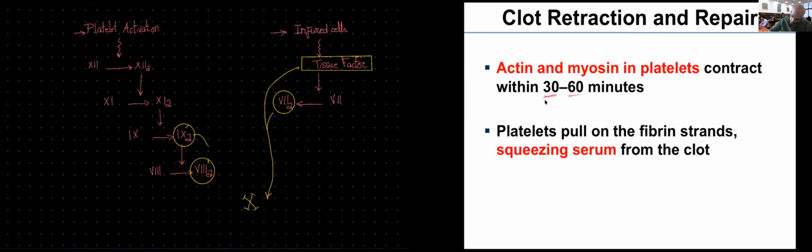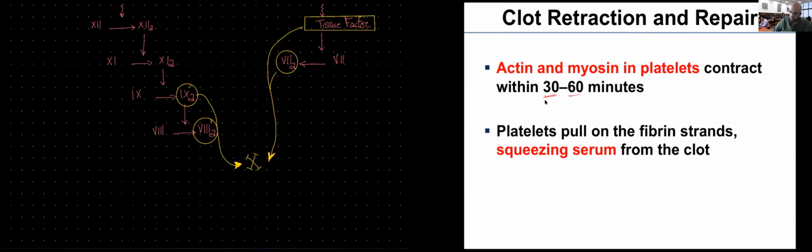And activated 8 and 9 also, when forming a complex, will be able to activate factor 10. So both intrinsic pathway and extrinsic pathway are going to end up activating factor 10.